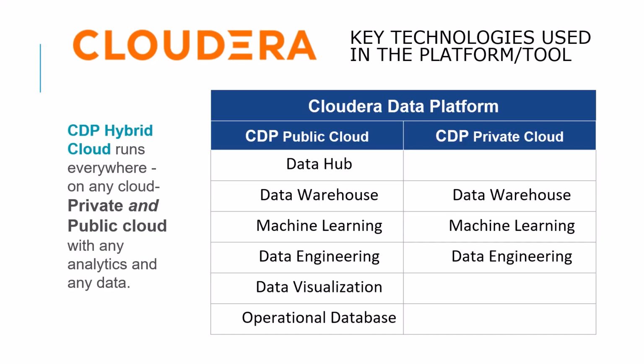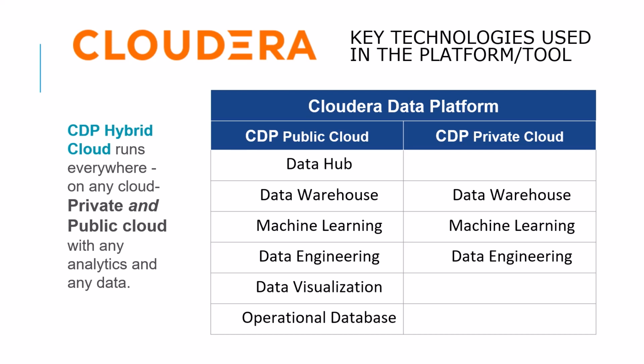Let's see Cloudera's key technologies, the technologies they use in their platform. CDP means Cloudera Data Platform. They use hybrid cloud, which runs everywhere on cloud. It can be private or public cloud, or it can be private and public cloud, and they can perform any analytics on any data.